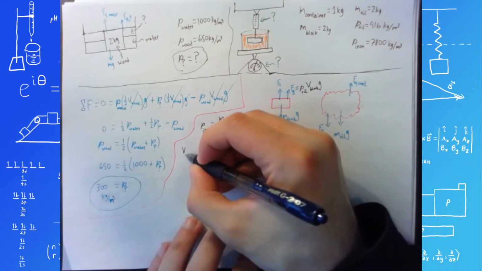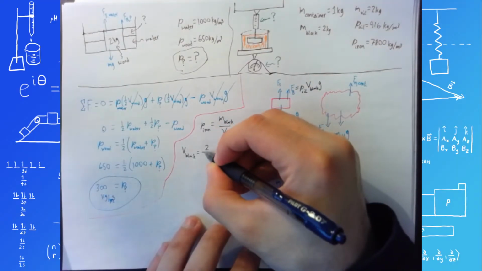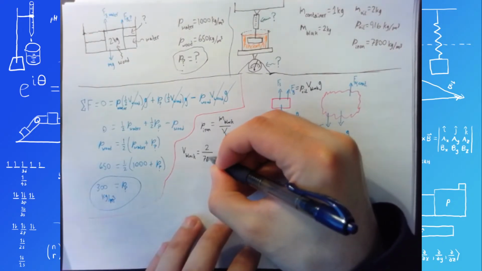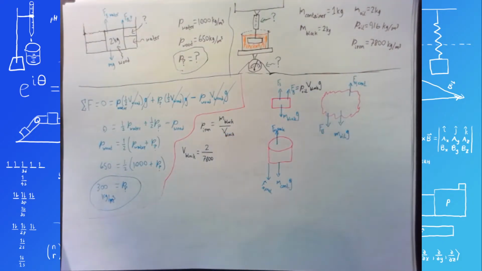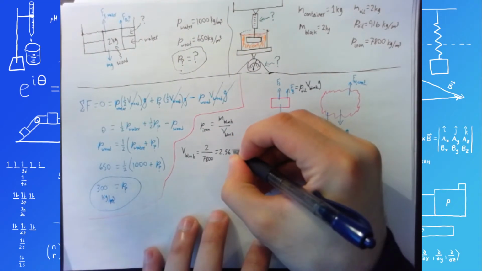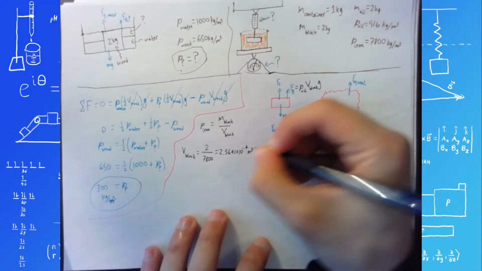Volume V block equals 2 kilograms over 7,800 kilograms per cubic meter, which is going to be a really tiny number. 2 over 7,800 is, let me write that in scientific notation, 2.5641 times 10 to the negative 4 cubic meters.